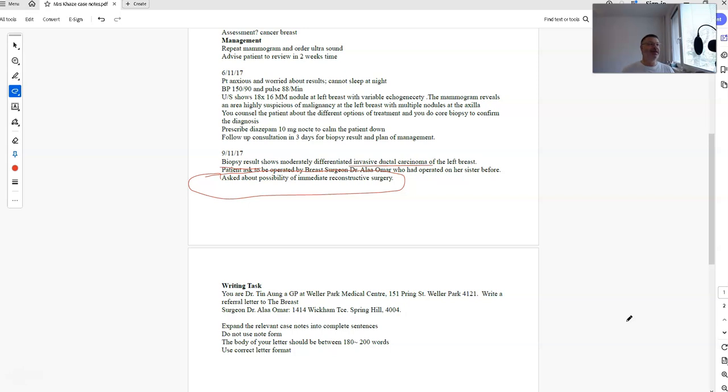So you have your purpose. Dear Dr. Surgeon, I'm writing to request your urgent assessment of Mrs. Patient whose symptoms are etc. and who requires etc. So you would do that, and then for paragraph 2, instead of a chronology where you probably put history in paragraph 2, unless it's not particularly enlightening, in which case you put it lower down in the letter.